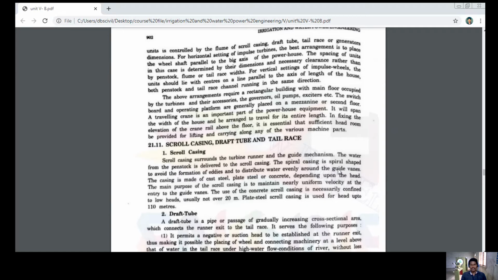A traveling crane is an important part of the powerhouse equipment. It will span the width of the house and be arranged to travel for its entire length.